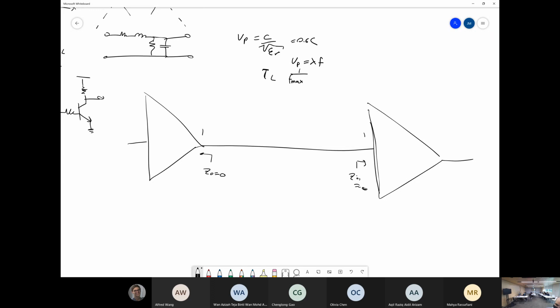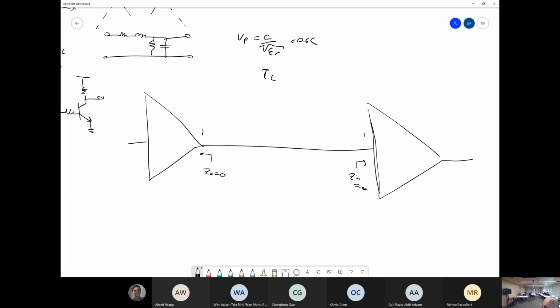What you want is to make sure that your wavelength of your signal is 1/10 of the electrical length of the line. So that means you'll have some sort of maximum frequency. Let me just do it this way.